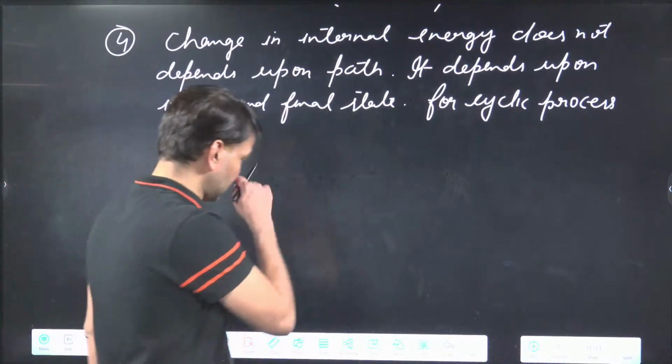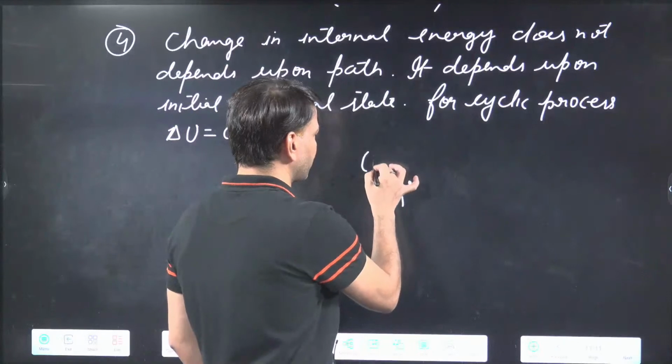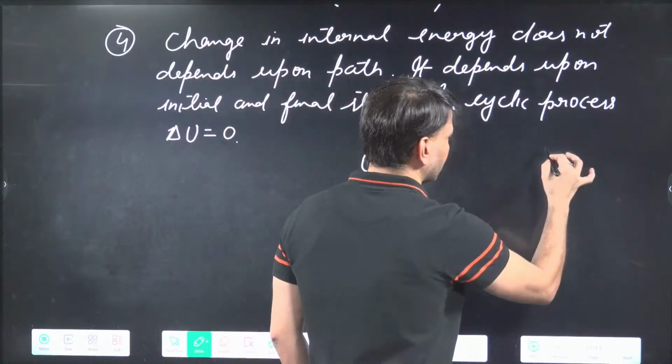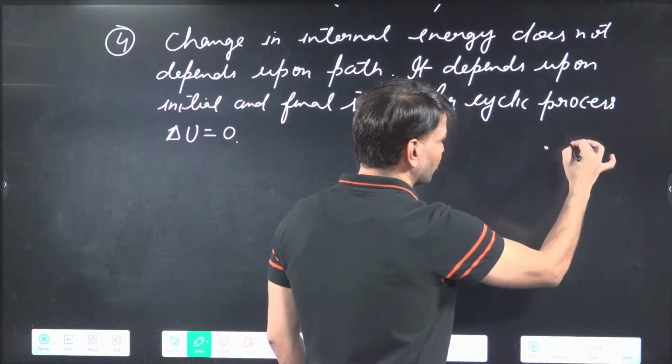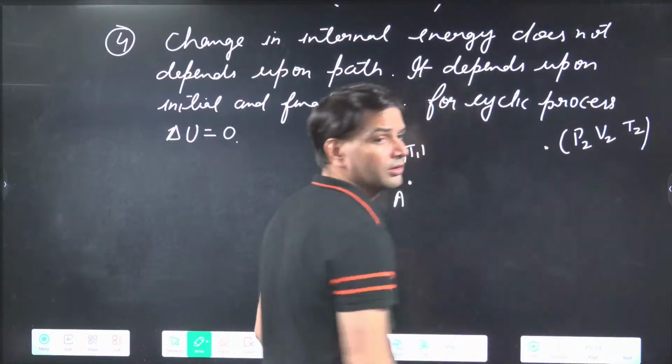Now suppose I am taking two different states. At state A, pressure is P1, volume is V1, temperature is T1, and then the gas is taken up to state B, where pressure is P2, volume V2, temperature T2.